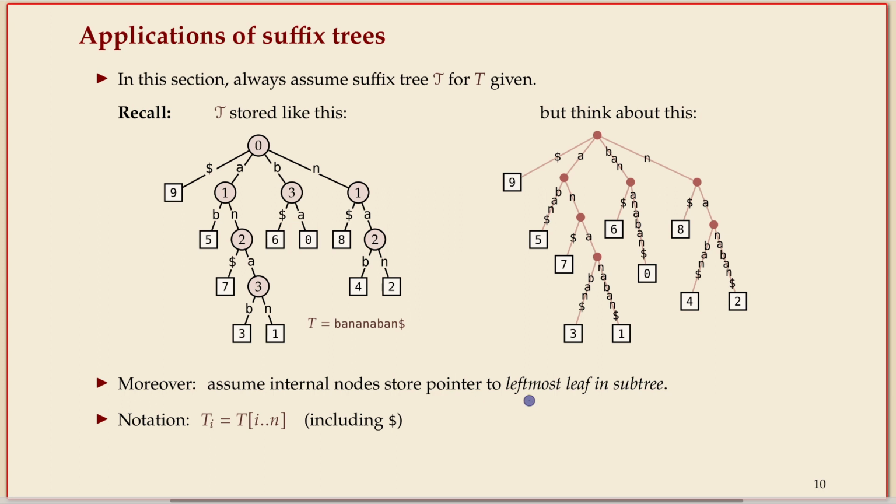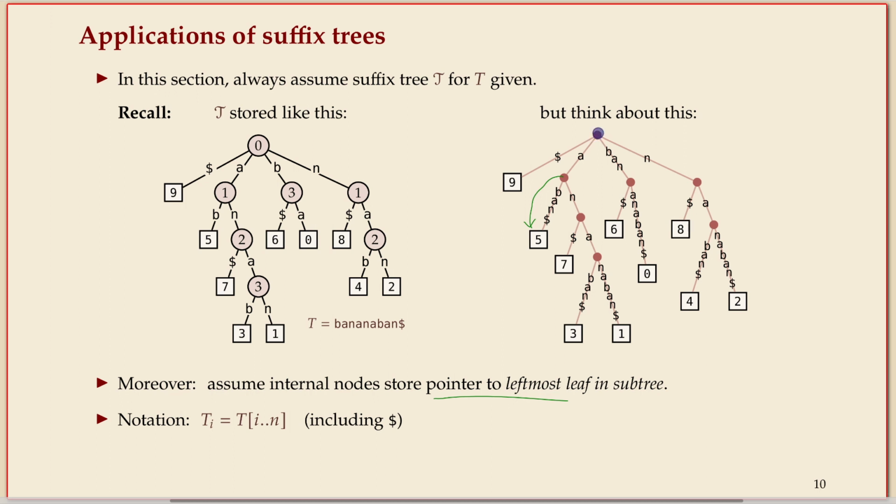A little nitpick or extra little thing that sometimes is important and is not a problem. We assume that every internal node has a quick way to jump to one of the leaves. And just as a tiebreaker, we assume that every internal node in here has a pointer to its leftmost leaf, which could be silly here if it's just the child. In all of these examples, it's just one edge.